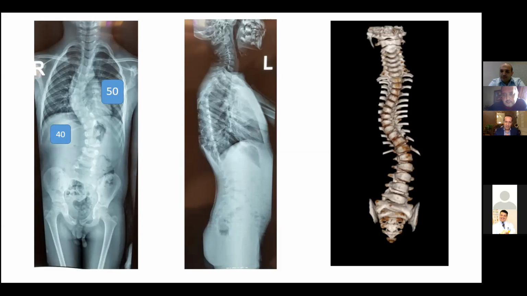I believe that posterior tethering is really inexpensive. You can use any screws and connections in your clinic. The anterior is really expensive, even though it depends on the country and who can provide it. But I also agree with my colleague from Germany, Dr. Sami, that the most expensive of these techniques is the magic rods.